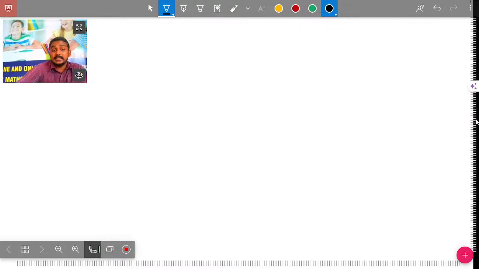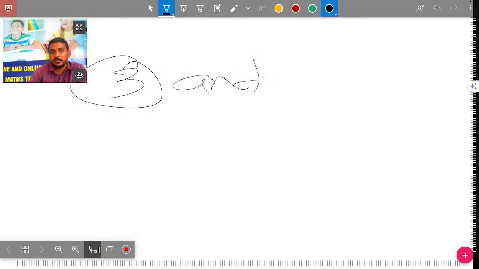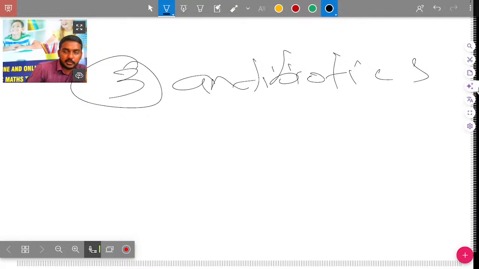The third one is antibiotics. Certain antibiotics can also result in hemolytic anemia. Which antibiotics? You could say cephalosporin and something like that. That I will tell you later. And also antimalarials.